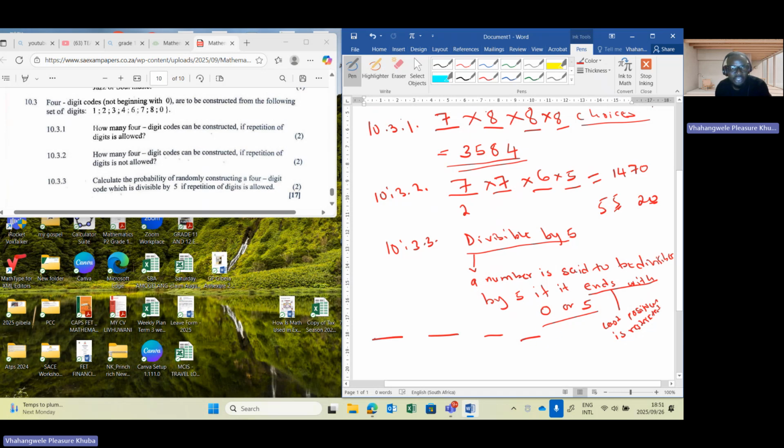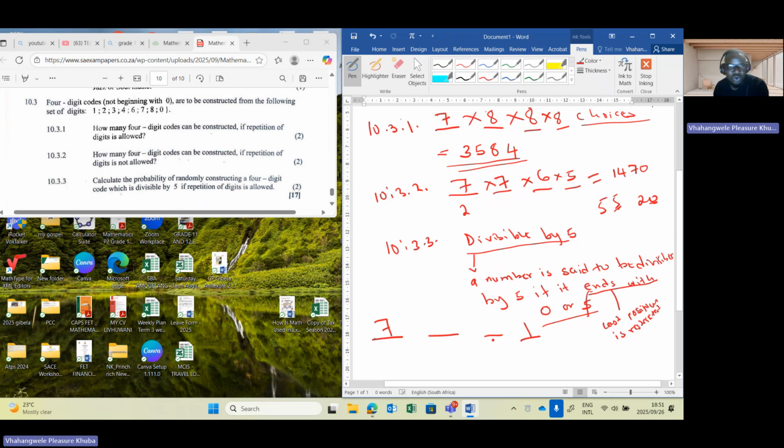But do we have a 5 there? Go back to your number. We don't have a 5. We only have a 0. So we have 2 choices for this position, but from the given digits, we don't have a 5, so we are left with only one choice there. We can only put 0 there because we don't have a 5. So we have 1. And then don't forget, this first position is always restricted to not start with a 0.